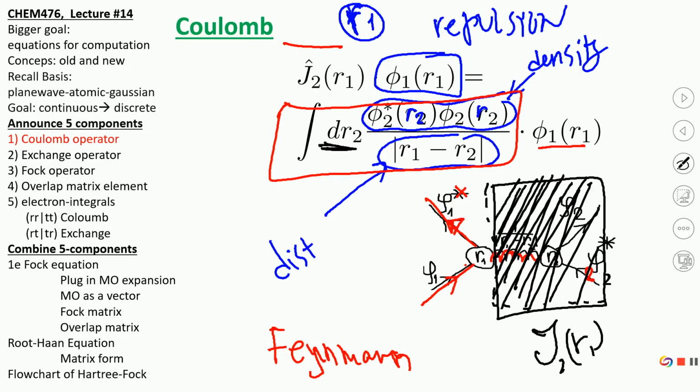What if there is the same orbital here and the same point? It is the probability distribution and density of charges.